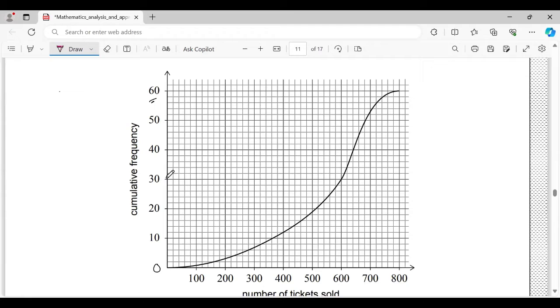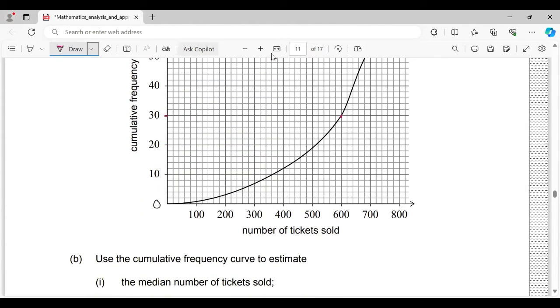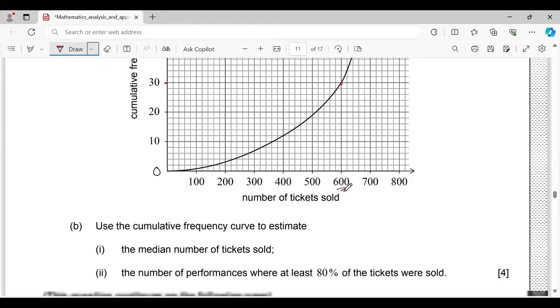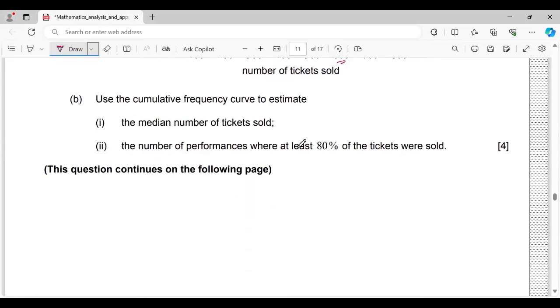And median means half of 60 is 30. If you look at 30 until here, this is the coordinate point 30, and this 600. So the median is this one, 600.